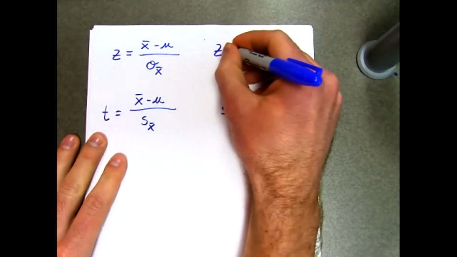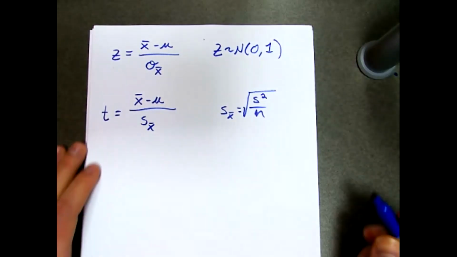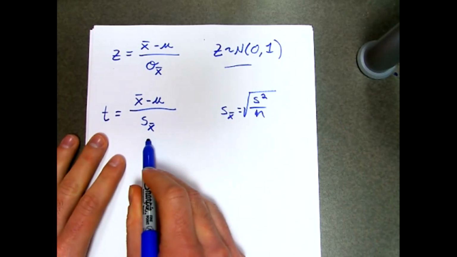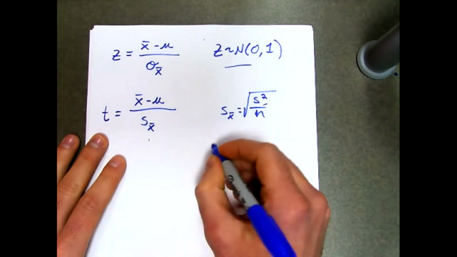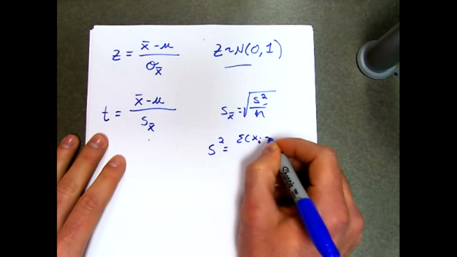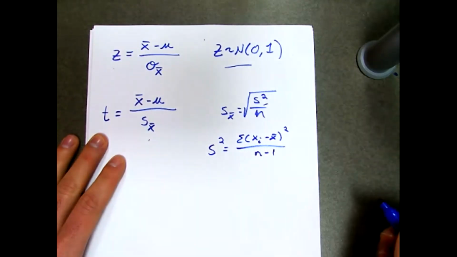So remember, our Z values were normally distributed with a mean of 0 and variance of 1. So that was our standard normal distribution. Because we're dividing by this standard deviation of our sample means where we used a sample variance, if we remember when we calculate a sample variance, it was like this.